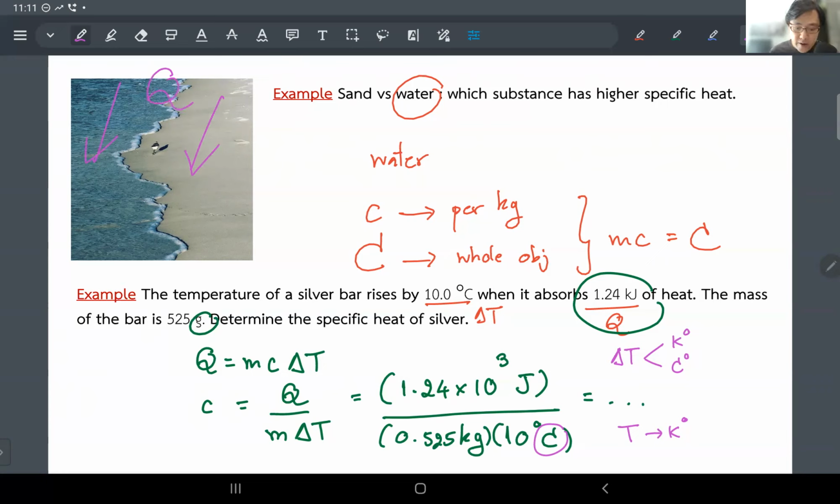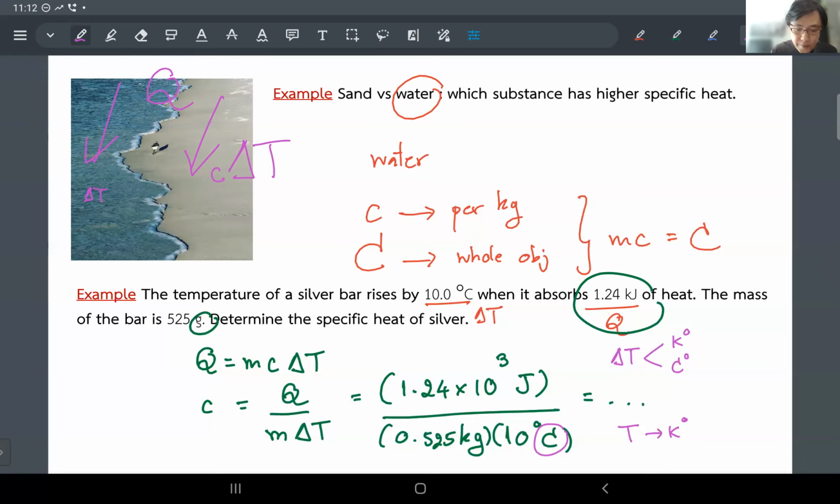However, you can feel by walking, and then you feel from your feet that the sand is hotter than the water in the sea. So that means the delta T of the sand is kind of big because it's hotter, right? But the water's is kind of small. But knowing this, it means that the heat capacity of the sand must be kind of small, because the product between these two must be equal to the Q, right?